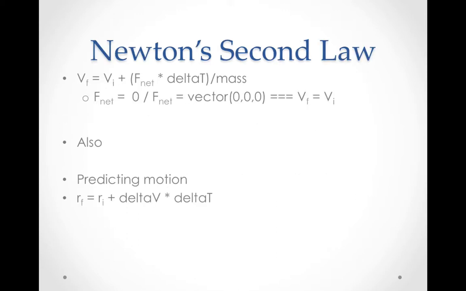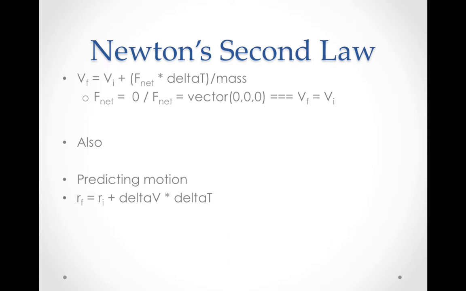Newton's second law, as you may or may not know, is that velocity final equals velocity initial plus F net times delta t over mass. In layman's terms, it's just a formula that you plug numbers into.